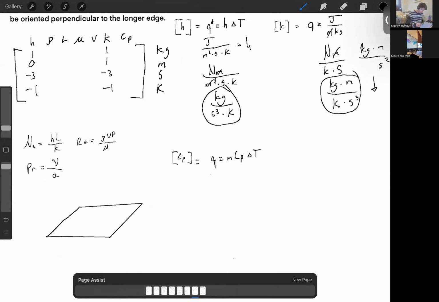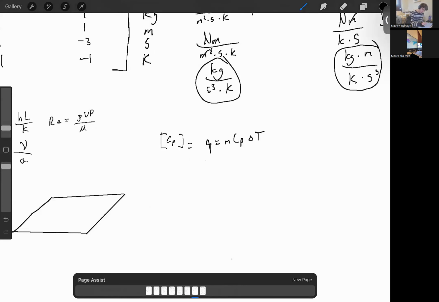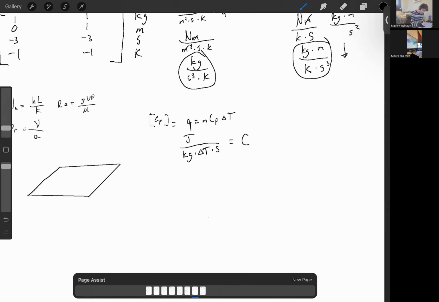And then for heat capacity, this is energy equals mass times heat capacity times change of temperature. So to get heat capacity, we would divide joules by mass and change of temperature. This equals heat capacity. When we do our analysis, this would be newton meters over kilogram times change of temperature. This then turns into kilograms meters squared over seconds squared times kilogram times Kelvin.